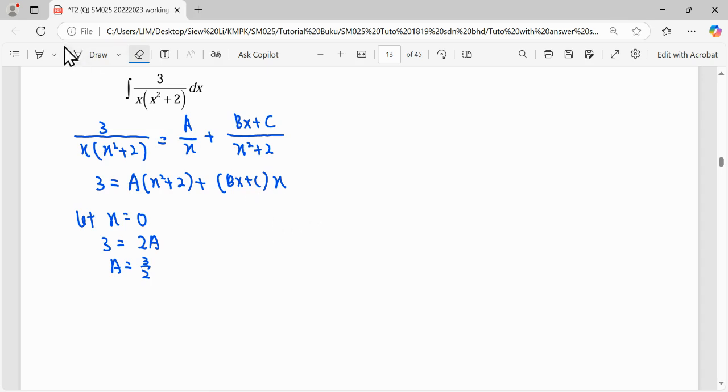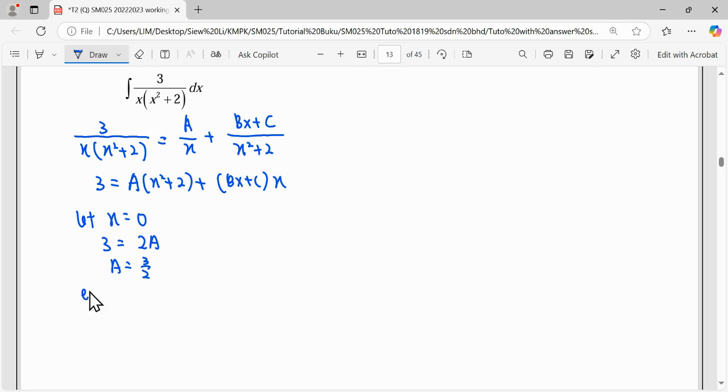If you want to avoid simultaneous equations, we can choose another method, which is to expand and then compare the coefficients. As A is 3 over 2, times x squared plus 2, and then this is bx squared plus cx. We can try to expand and compare to find out the other unknowns.